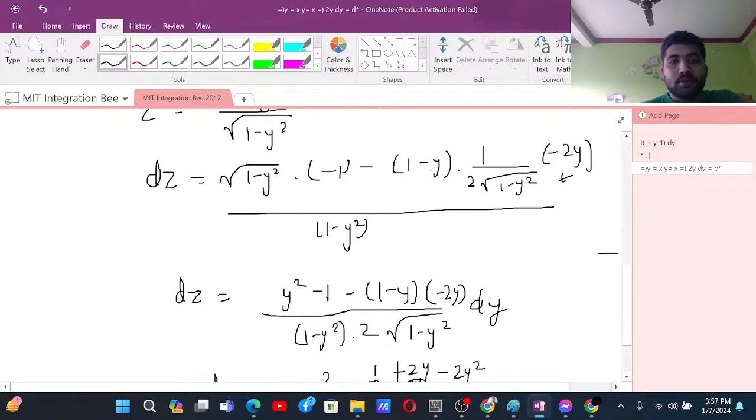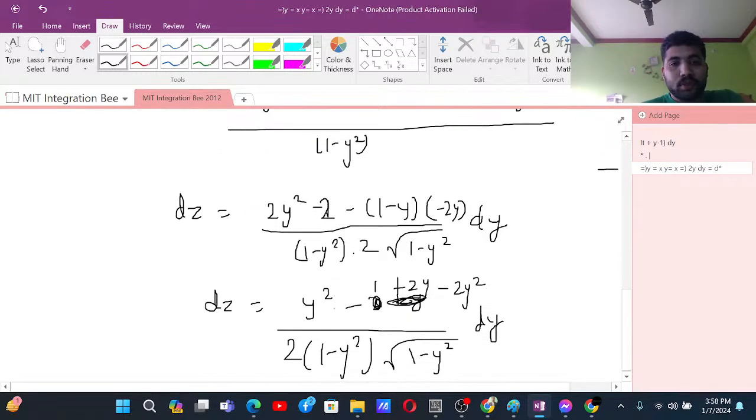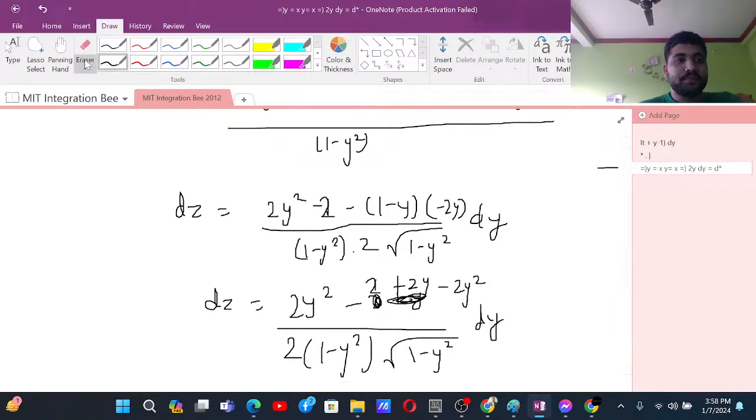And also, because when taking LCM we had 2 also over here, using that this will be 2y square minus 2 actually. Okay, now it's going good.